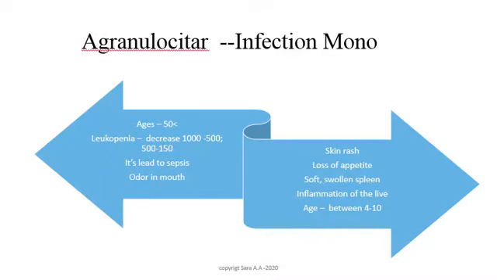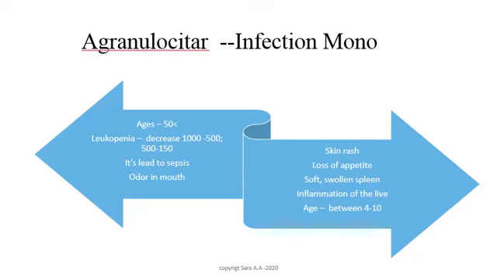Now, in the slides, we can see the differentiation of agranulocytic angina and infectious mononucleosis, the kissing tonsils. In agranulocytic angina, the age range is more than 15 years.